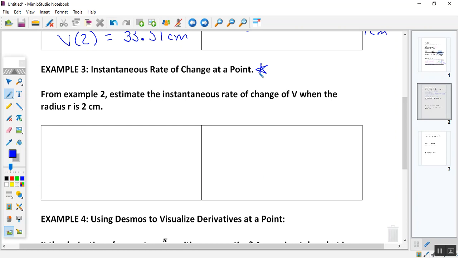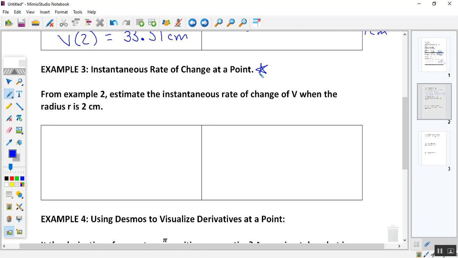Now, did I put a formula over there for derivative at a point A? Here's what we're going to do, kids. We're really looking for the derivative of what, with respect to when r is what?